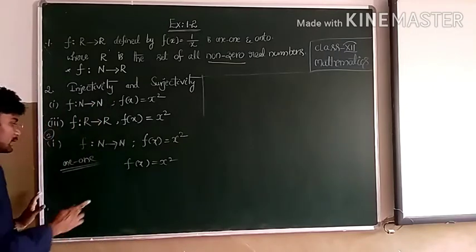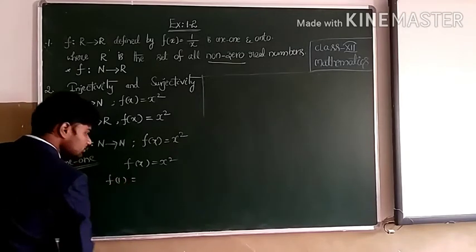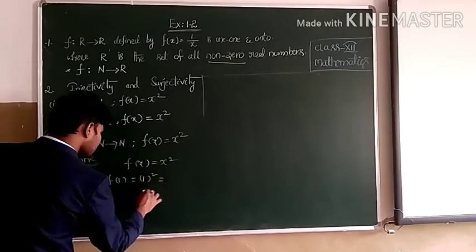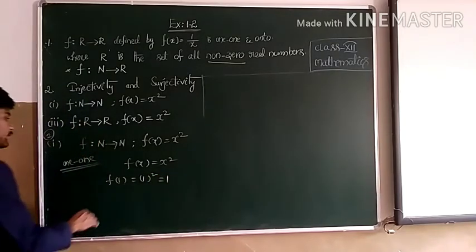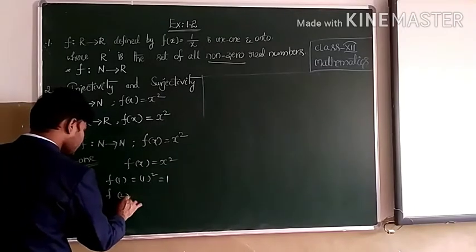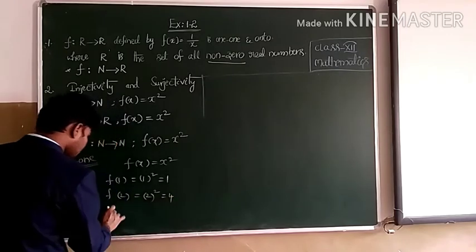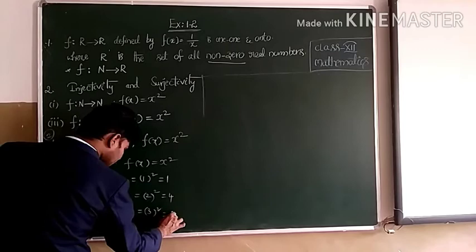So let's see. First I can say f of 1 is equals to 1 whole square, then it is 1. Next f of 2 is equals to 2 whole square, it is 4. Next f of 3 is 3 whole square, it is 9.